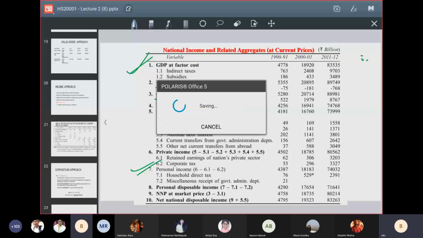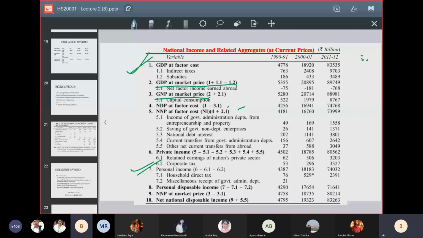Similarly, Indians are working in Bangladesh, so Bangladesh is paying the Indians wages, say 900 rupees. So 900 rupees is our receipt and 1,000 rupees is our payment. That receipt of factor income minus payment of factor income is your net factor income. In this case, that will be minus 100 rupees. That is why the net factor income from abroad figures are negative.